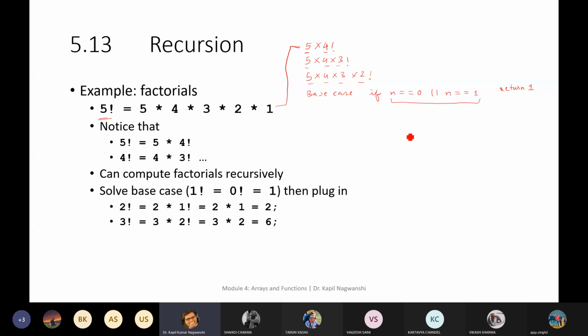When I want to write a factorial function, suppose I am writing a function long factorial with integer n. Now, what will it do? Initially it will solve for the base case.